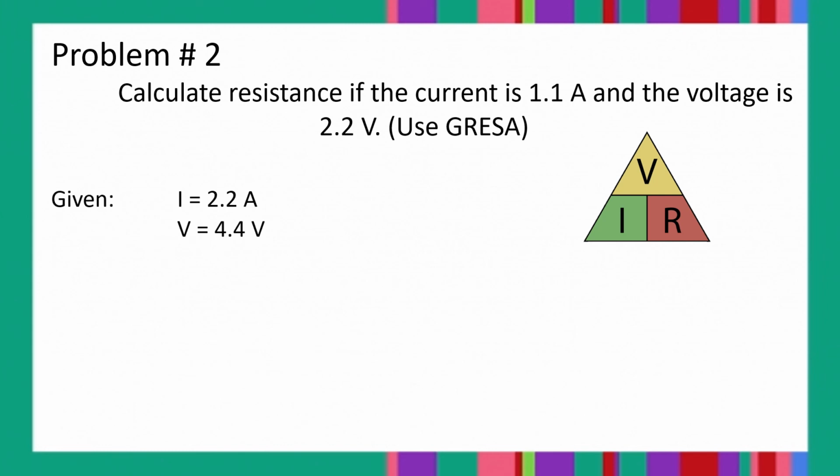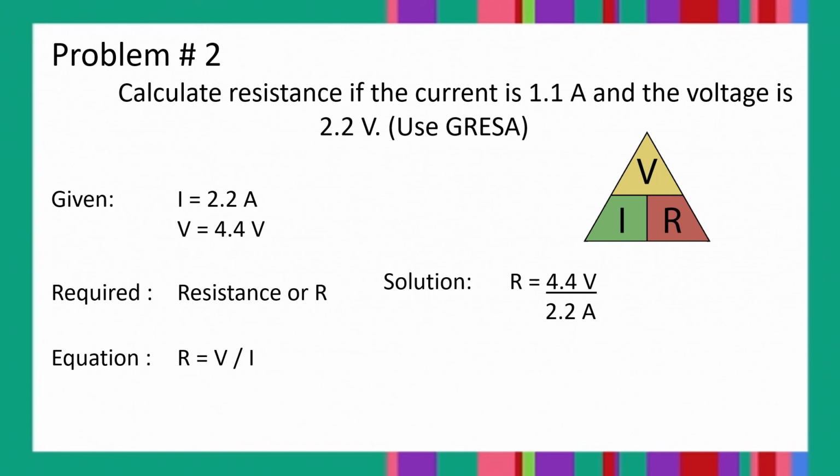Given: current is 2.2 amperes, voltage is 4.4 volts. Required: resistance or R. Equation: resistance is equivalent to voltage divided by current. Let us now substitute the values of voltage and current. Solution: resistance is equivalent to 4.4 volts divided by 2.2 amperes. As you divide the two quantities again, the answer is 0.5 ohms, or 0.5 Ω.